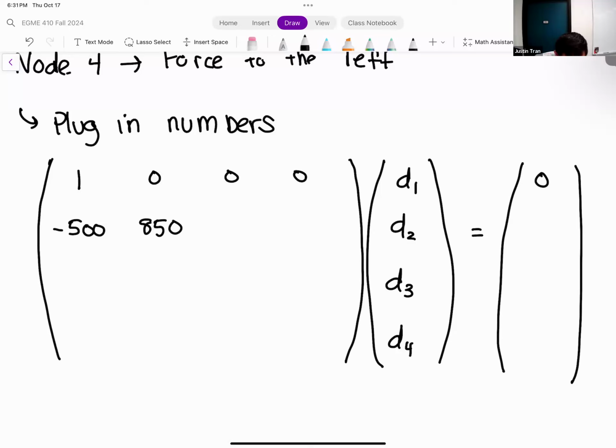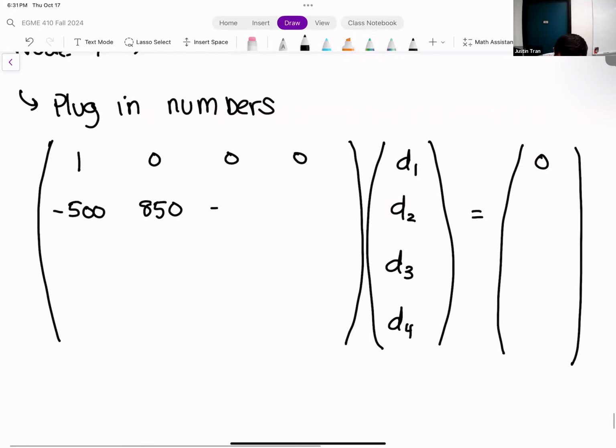Then we have minus Kb, which is minus 100. And then we have minus Kc, which is a minus 250. And then on the right-hand side, our middle F2 is equal to 0. So we just plug in a 0.